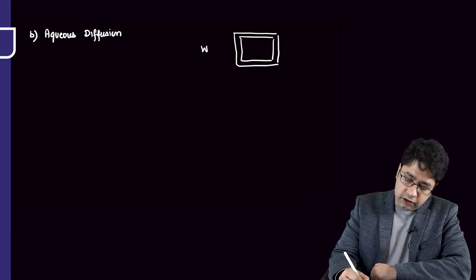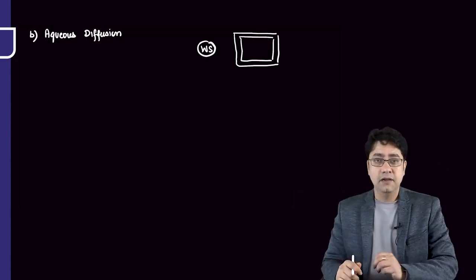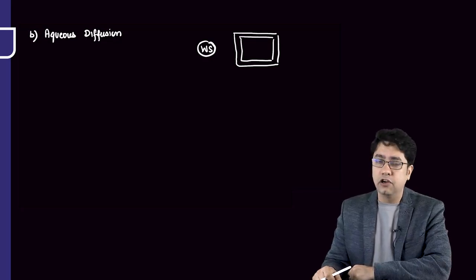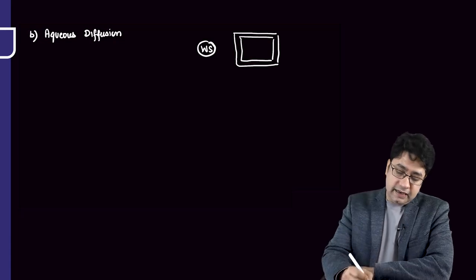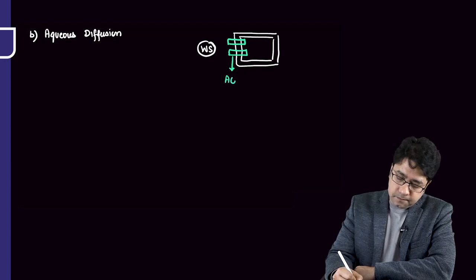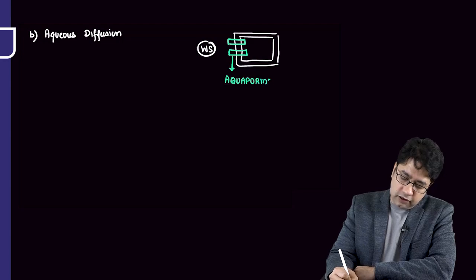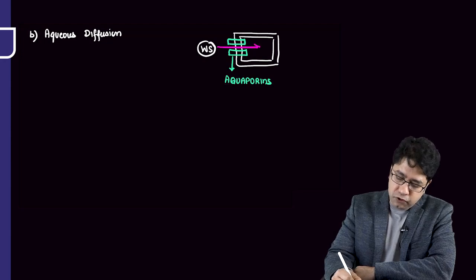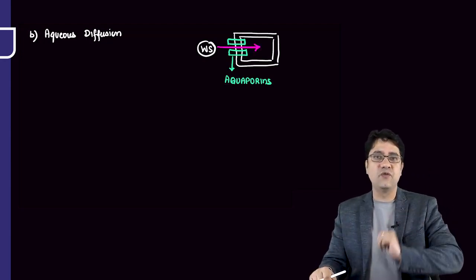But we know our cell membrane is made up of lipids. A water soluble drug cannot cross. Hence, we have special pores on our cell membrane. Let's call those pores aquaporins. So a water soluble drug can cross a cell membrane through specialized pores. We call it aquaporin.